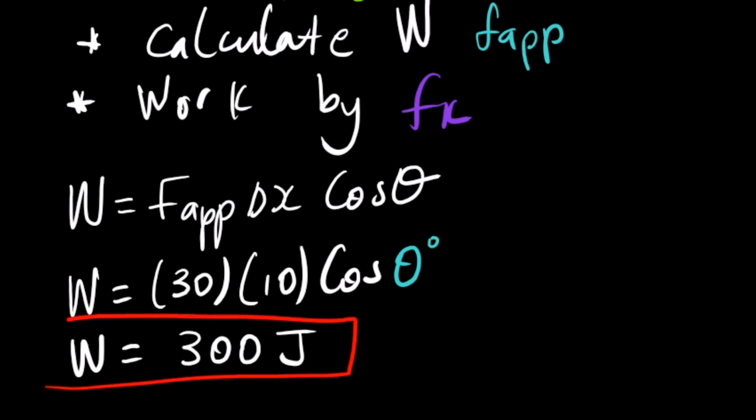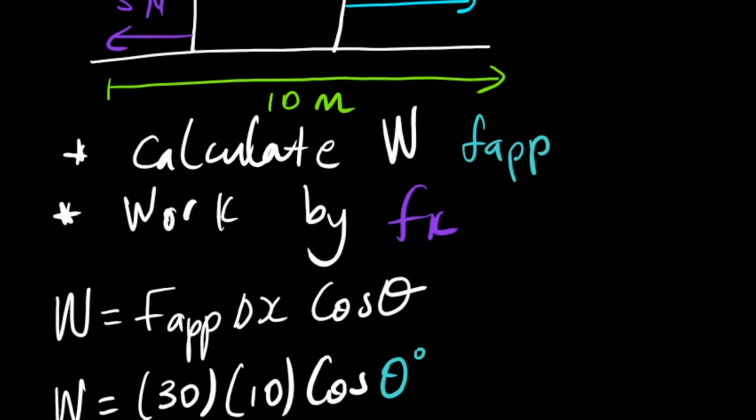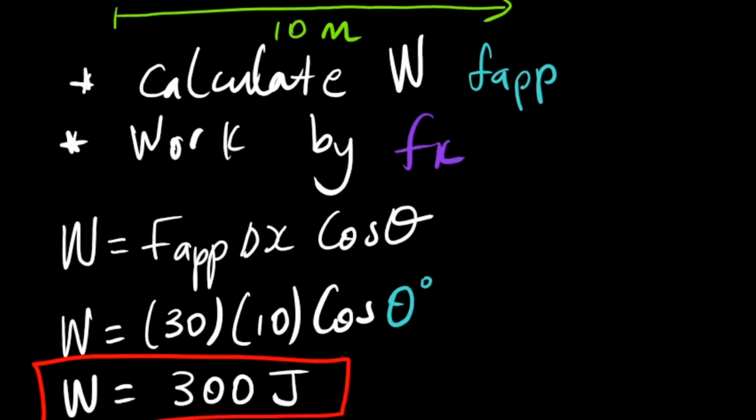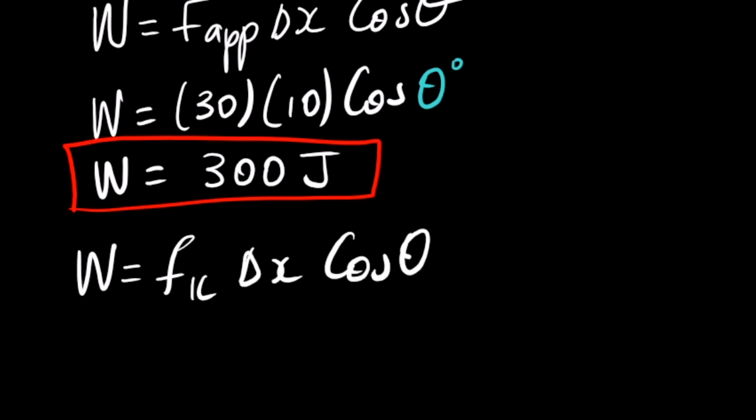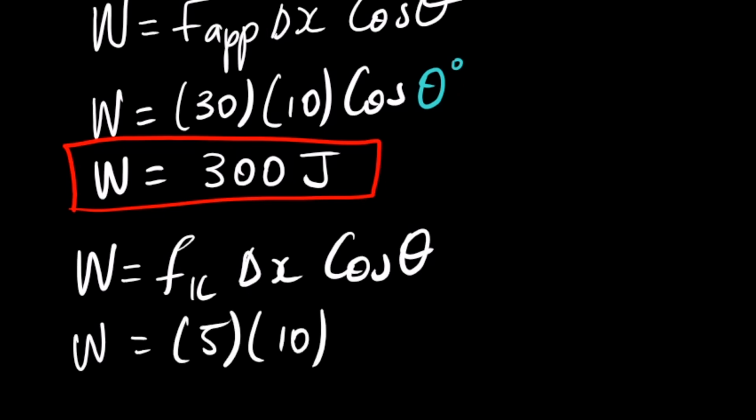That is the work done by the force applied. Now we look at kinetic friction. We have 5, 10. Remember the angle is 180 degrees.